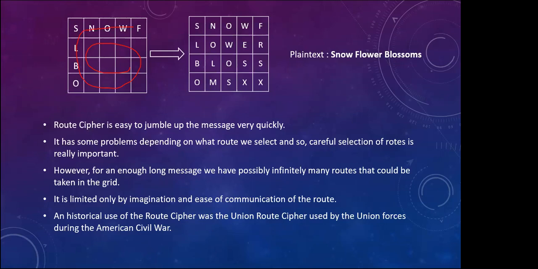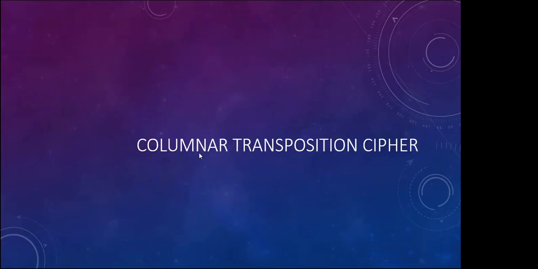At that time they used this route cipher method, but they sometimes added their own letters or words at the end of the ciphertext to make it a little funny and illogical. We can also do such things, so that decryption becomes difficult. And this was route cipher.